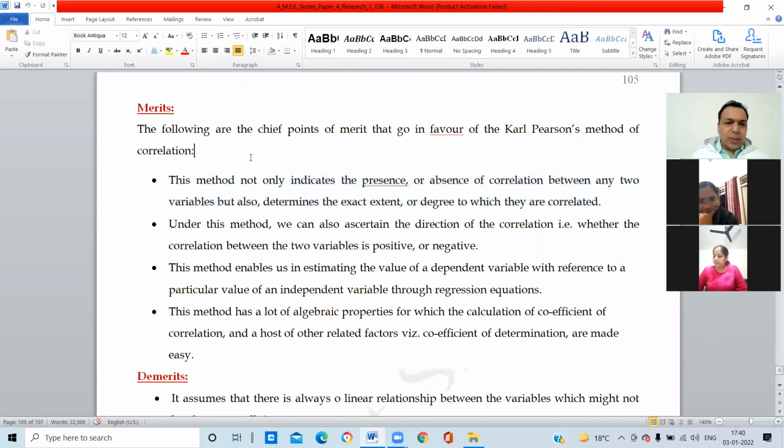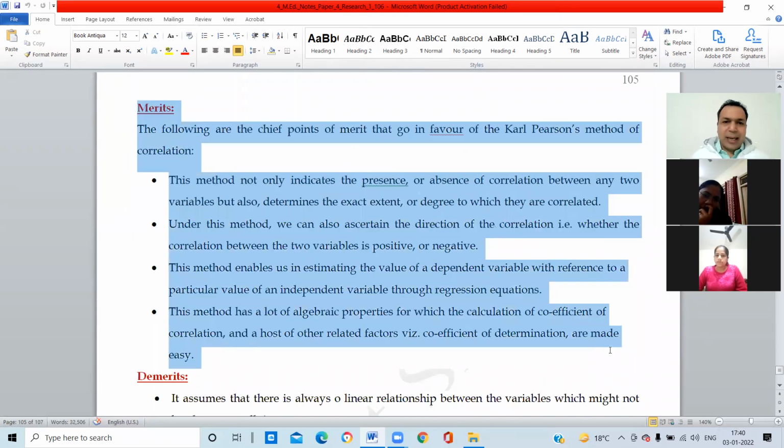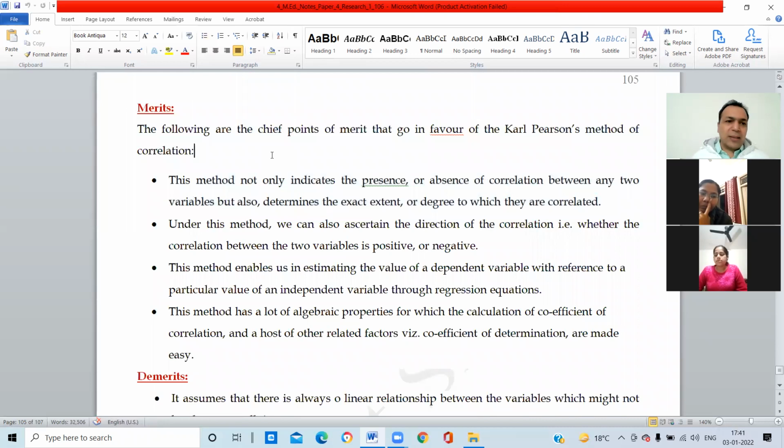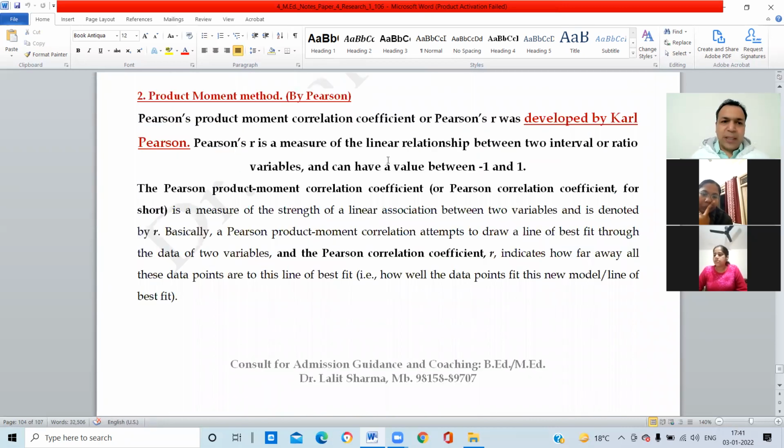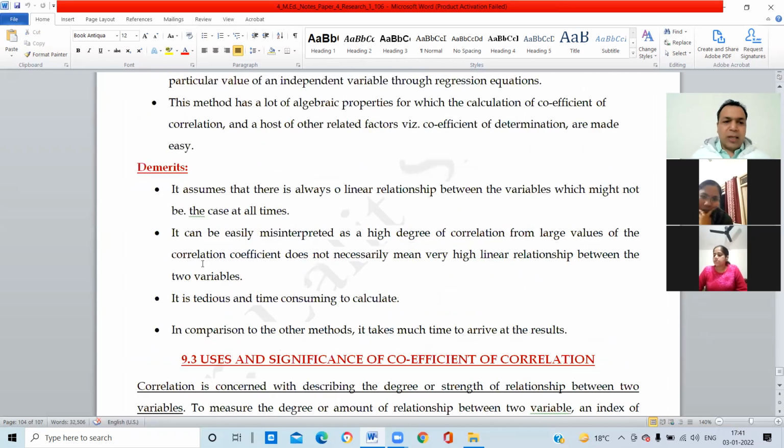If you find this difficult to understand, it would be better to just go from here. The same is written here. So you can learn the merits or demerits of the product moment method from here.